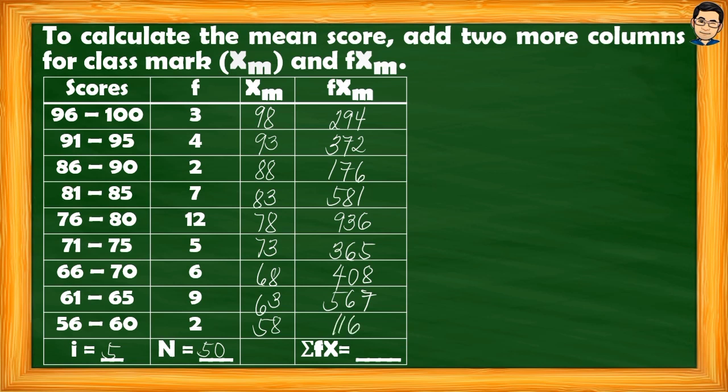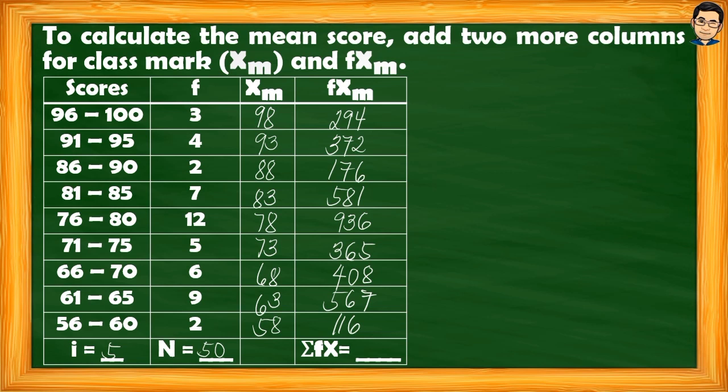So, para makuha natin yung summation ng f of x, ay fx, summation ng product nung frequency and class mark, so i-add lang po natin lahat nung mga nakuha nating product sa fourth column. So, 294 plus 372 up to 116.